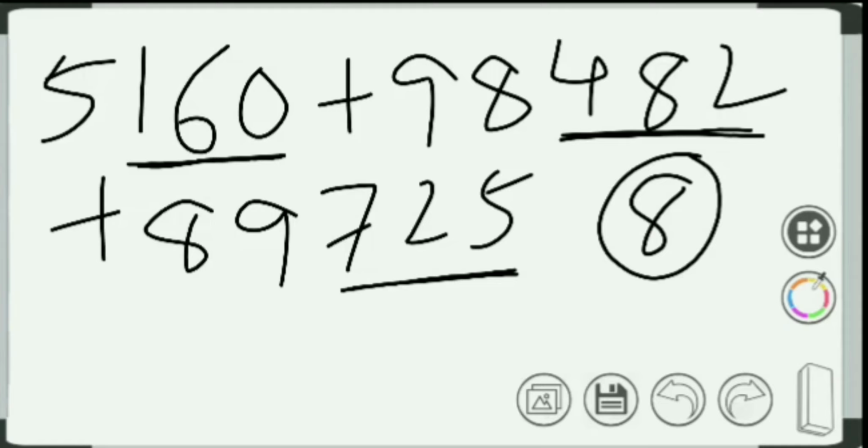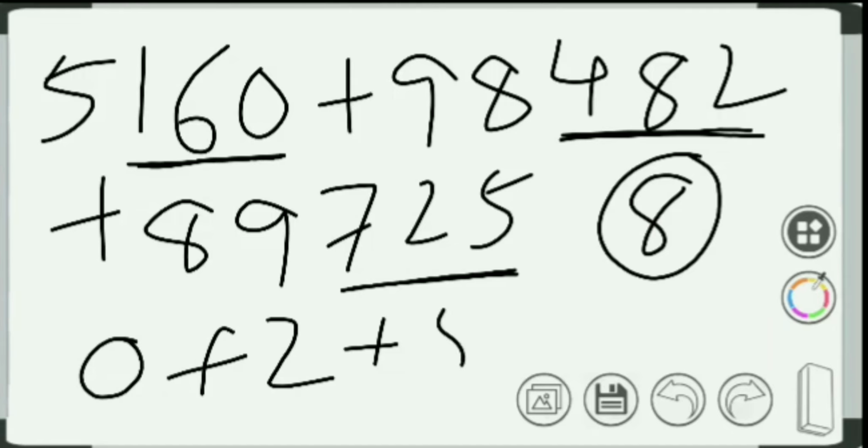160 divided by 8, 8 20s are 160, remainder will be 0. And when we divide 482, the remainder will be 2. And when we divide 725, the remainder will be 5.